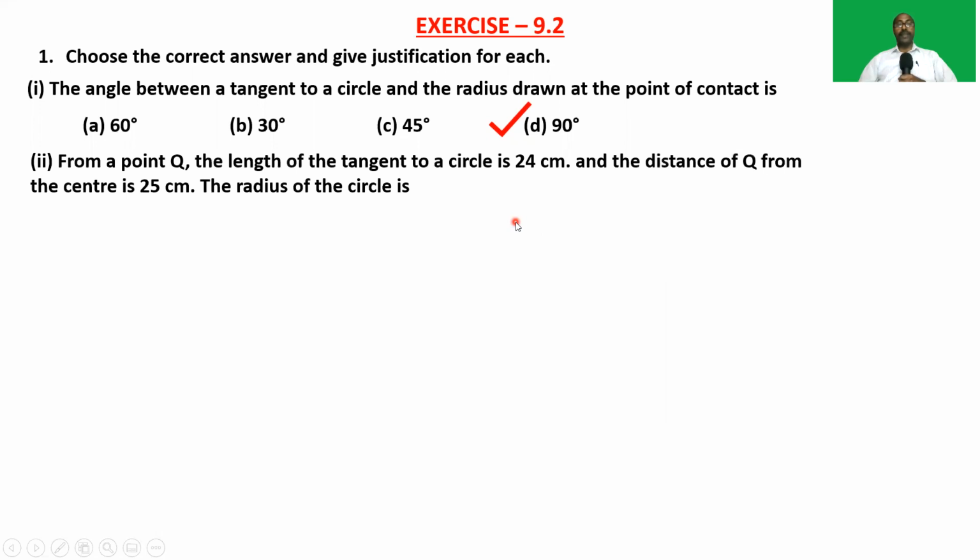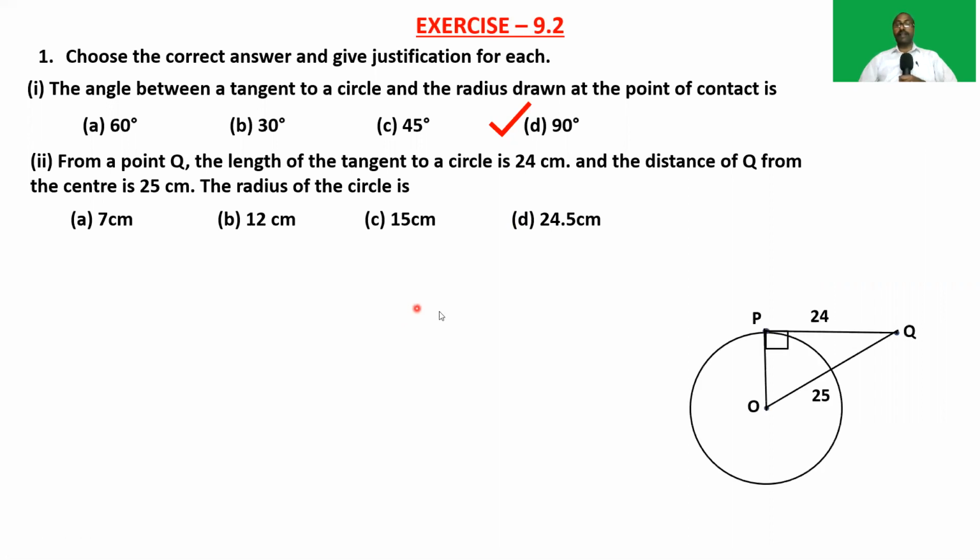So take the second one. From a point Q, the length of the tangent to a circle is 24 centimeters and the distance of Q from the center is 25 centimeters. The radius of the circle is: 7 centimeters, 12 centimeters, 15 centimeters, or 24.5 centimeters. Here the figure is like this.